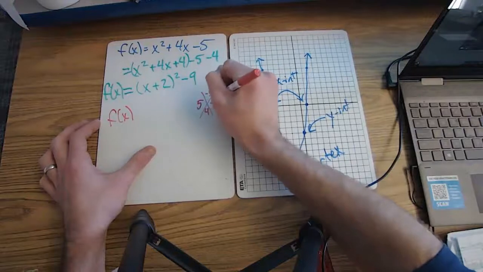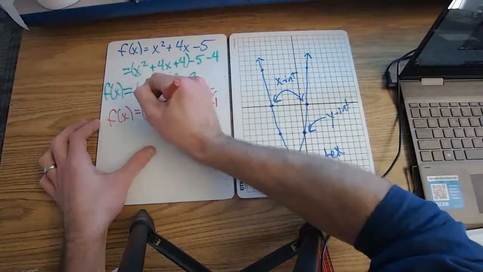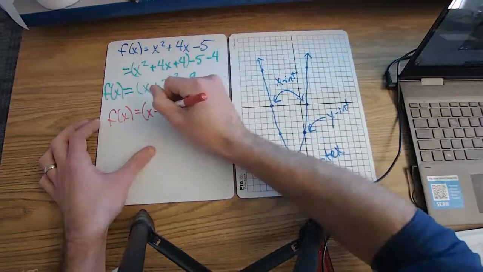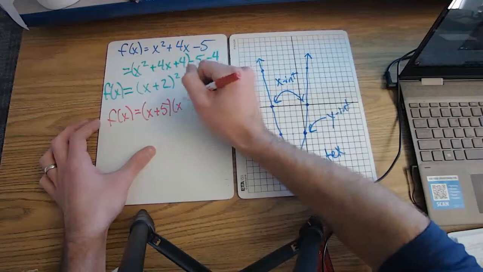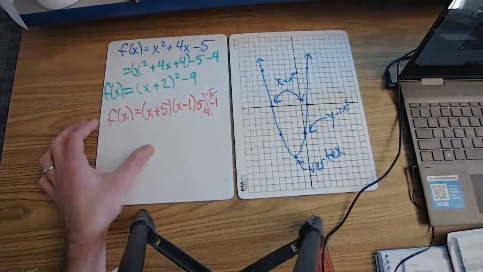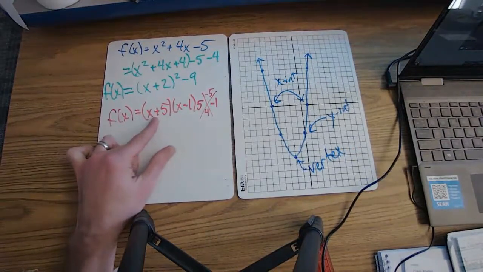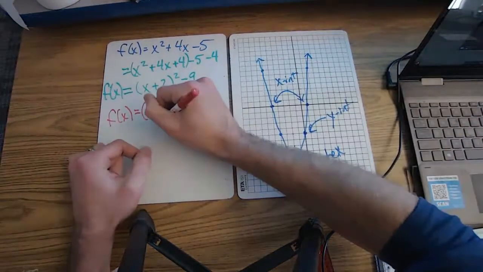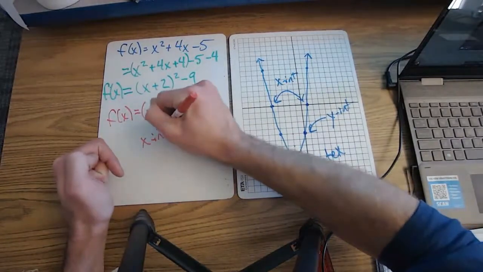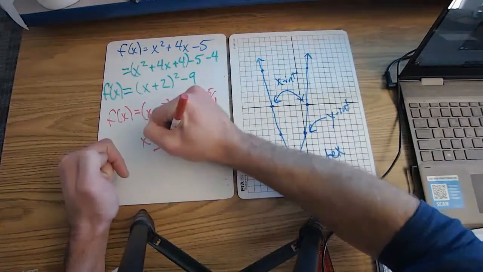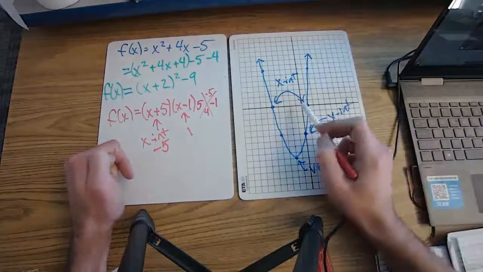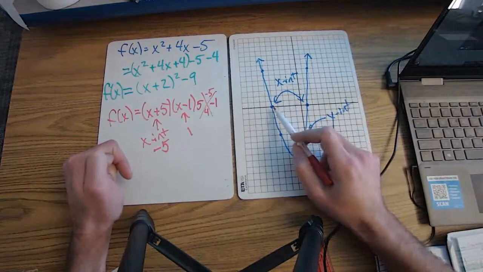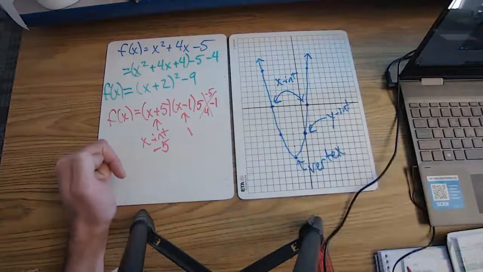That is 5 and negative 1, which means that my factored form should be (x plus 5)(x minus 1). Okay? And from this, you can see the opposite. This tells me that one x-intercept is a negative 5, and this one tells me that one is a positive 1, which you can see here. 1, 2, 3, 4, 5, negative 5, and a positive 1.